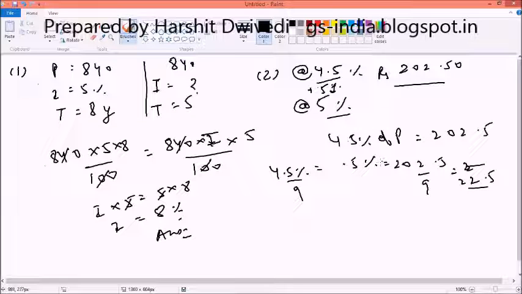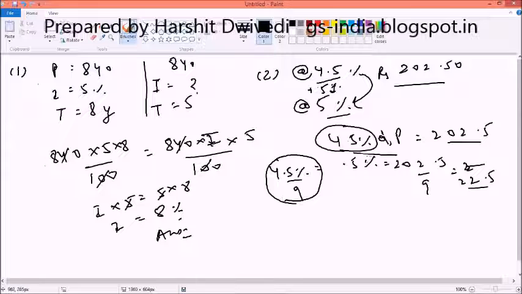Basically, in order to make this 4.5% as 5%, we have to add plus 0.5% to it, and for that we have to calculate this plus 0.5%. What I knew is that 4.5% of the principal was 202.5 interest, as it is given to us in the question, because this interest 202.5 is for 1 year. So if I have to calculate 0.5% of P, I divide this 4.5 by 9, and after dividing I got 0.5%.